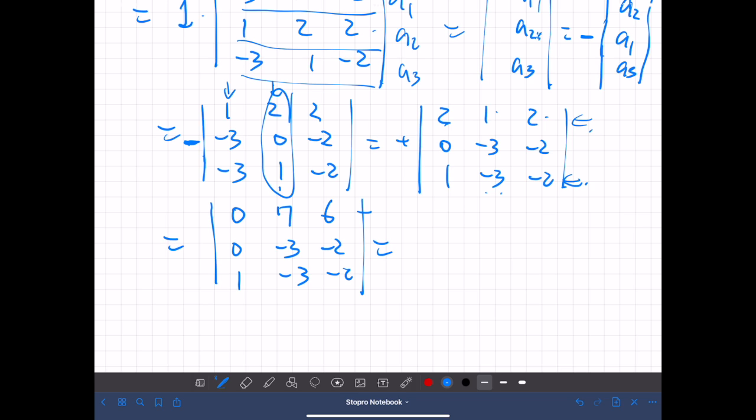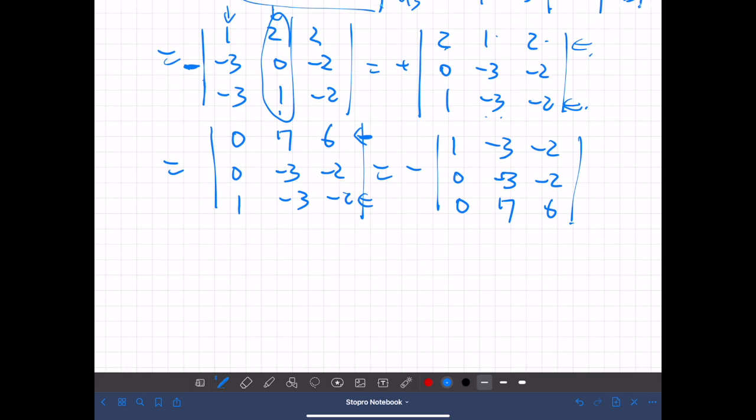And let's swap the first and the third rows. Then we have 1, negative 3, negative 2, 0, negative 3, negative 2, and 0, 7, 6.